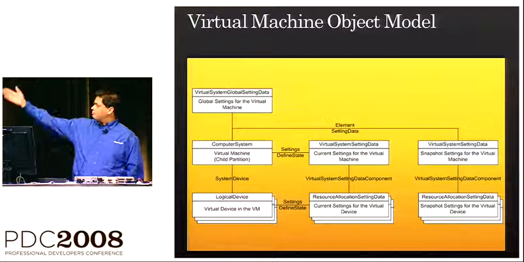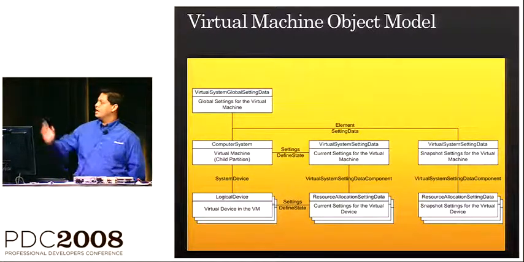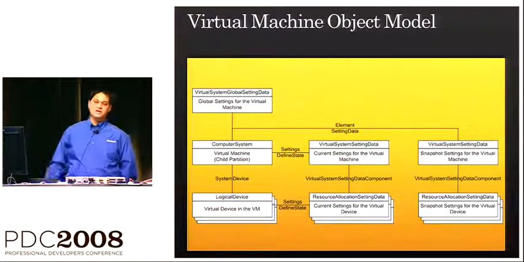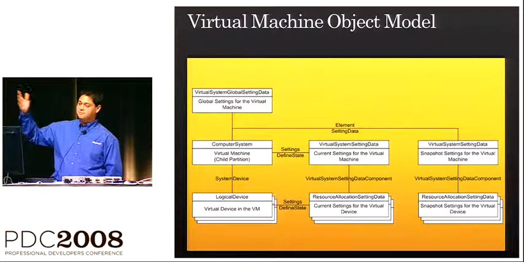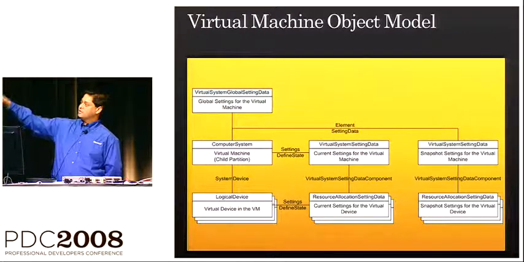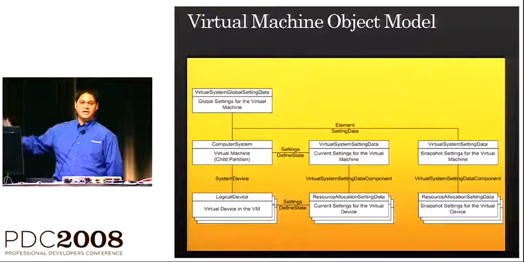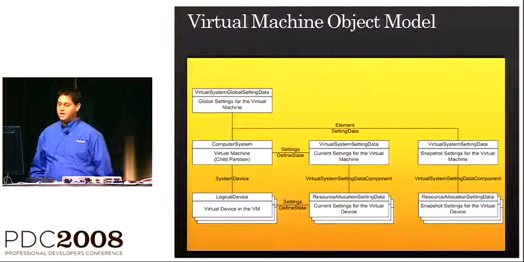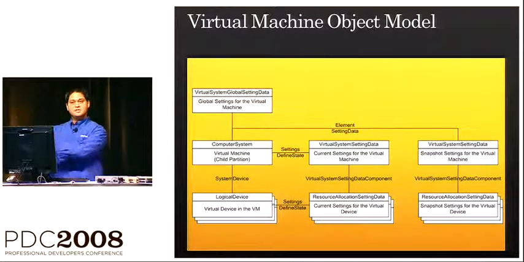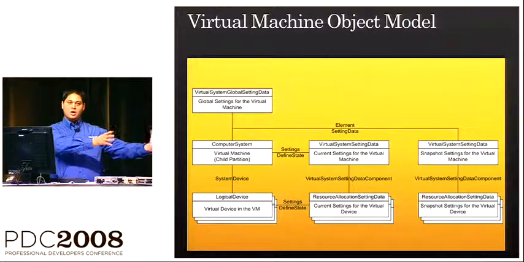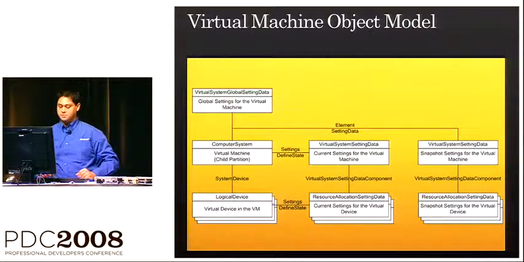So here we've got, for instance, at the top you'll see a line with element setting data on it. What that means is that there's an association class of type element setting data, and it is associating the computer system on the left with the virtual system setting data object way over on the right side. So it's just describing a relationship there that says these settings are within the context of this virtual machine.